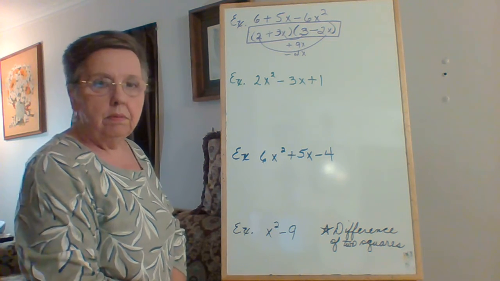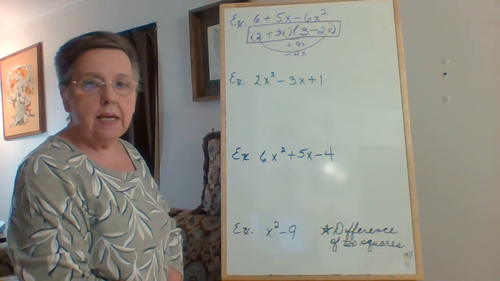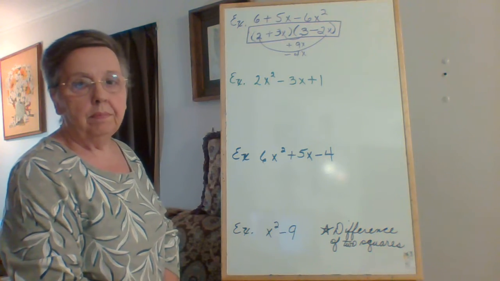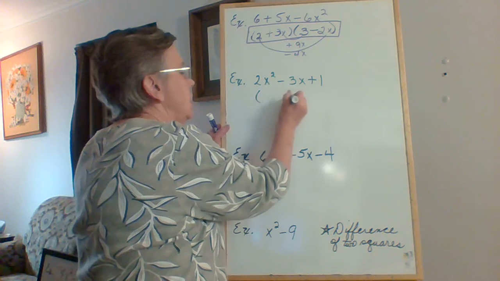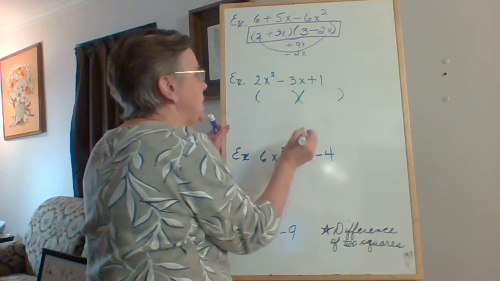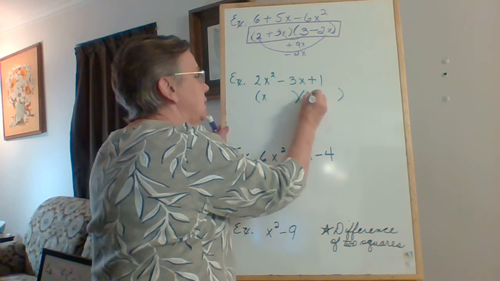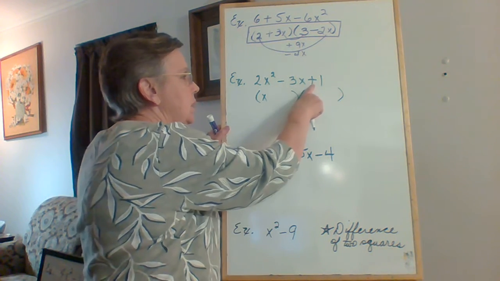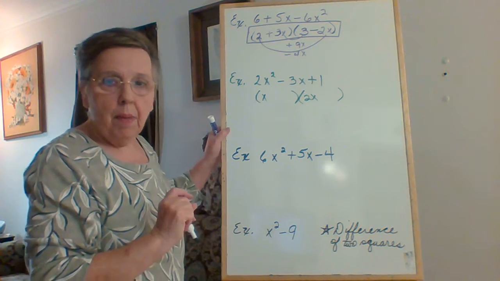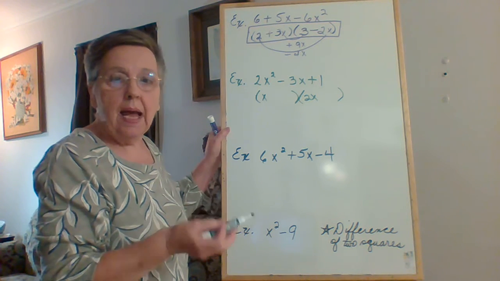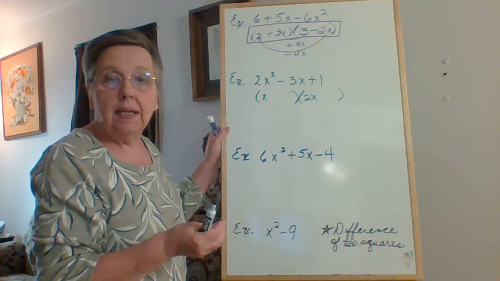Next example, 2x squared minus 3x plus 1. Start with your two parentheses. 2 is 1x and 2x. The last sign, that's a positive. That last sign in my polynomial is a positive. That means I have either two negatives multiplied together or two positives multiplied together.